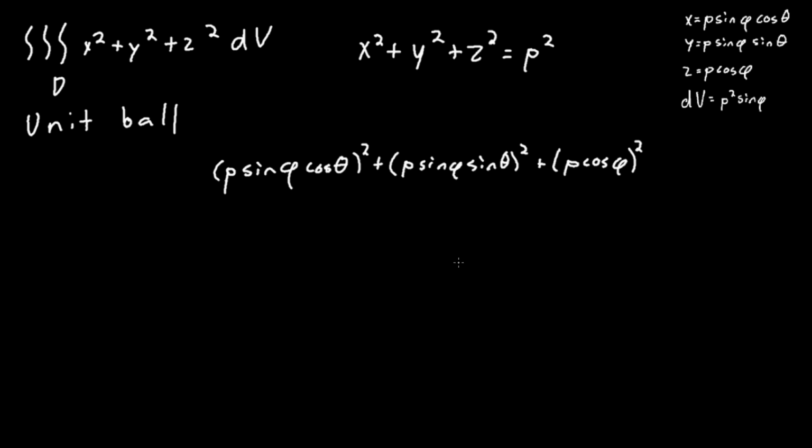And if you square all of these, you get rho squared sine squared phi cosine squared theta plus, and so on. I'll write everything down for you guys to see. Cosine squared phi.